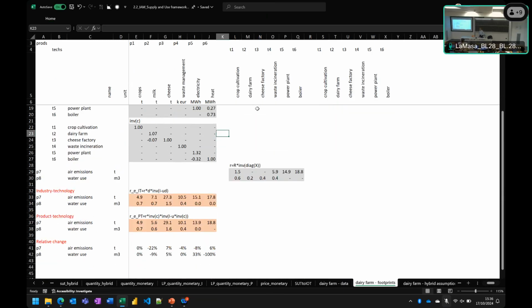Now we just have to apply complex but not so difficult equations here, because we have to account for the footprints of products. Remember that footprints are defined by products.